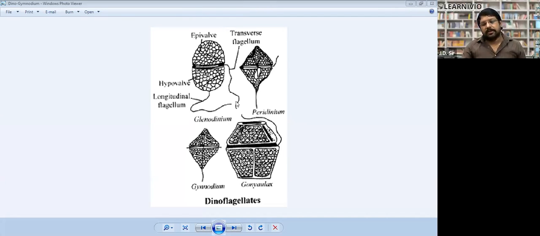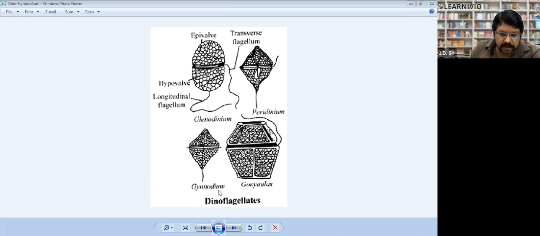Protista. Dinoflagellates. Look, this is the diagram of Gymnodinium and the Dinoflagellates, right?